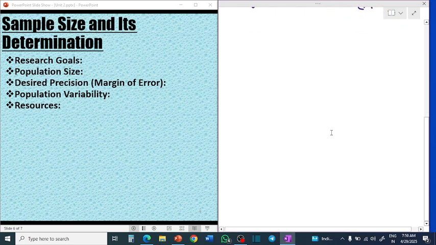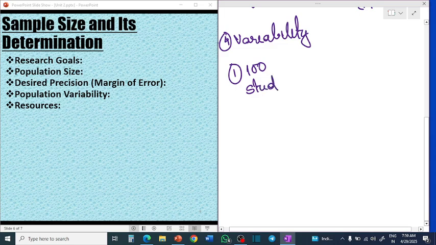Population variability. In population variability, what can we see? Let's take the previous example. Suppose there are 100 students, and for these 100 students, you have to calculate the math marks. You have decided that you will take a sample of 50, so out of the 100 students, you will select 50 of them.